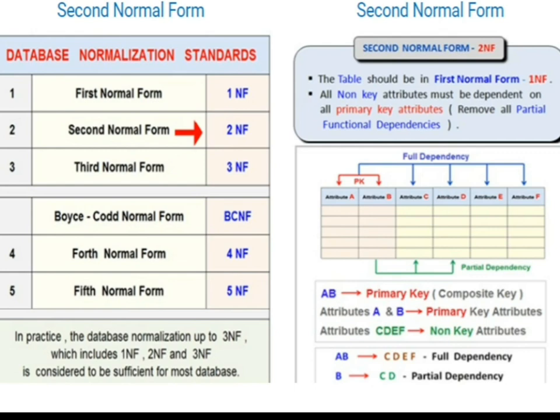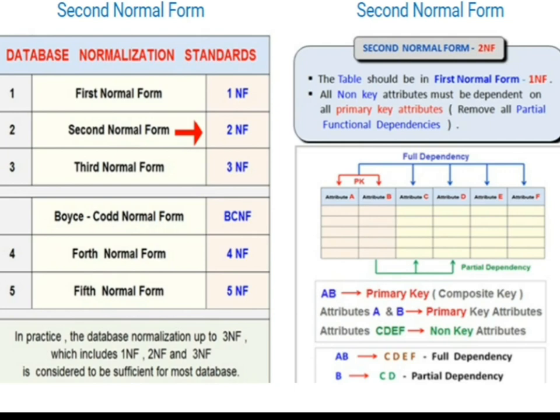If the columns can be identified by using just one part of a composite key, it is called partial functional dependency. So you can reframe this rule as: it should have full functional dependency, or we need to remove all partial functional dependency.